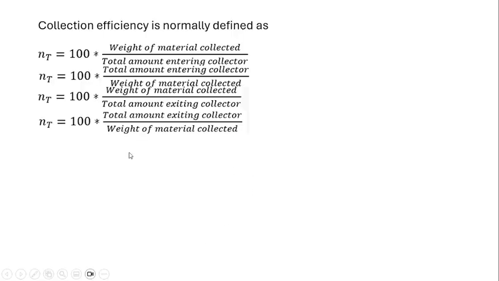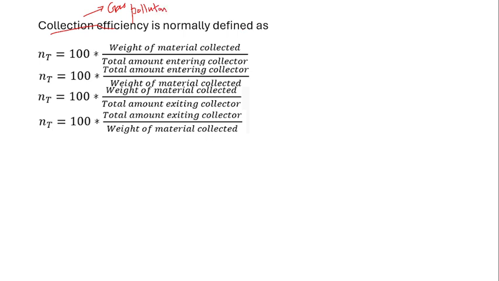The second question is: the collection efficiency is normally defined as. So what is this collection efficiency telling us? Collection of the gaseous pollutants? These are the gas pollutants. Okay. In which method will these be collected?